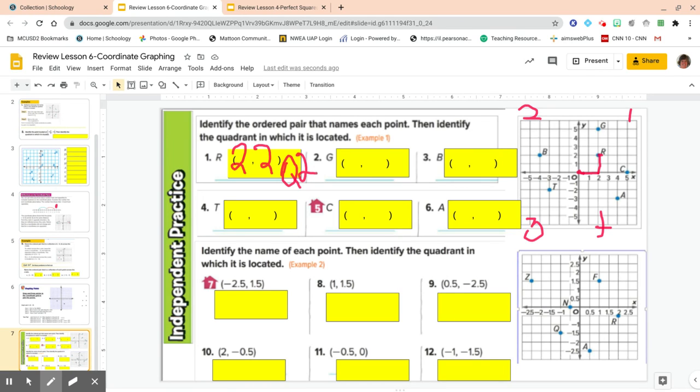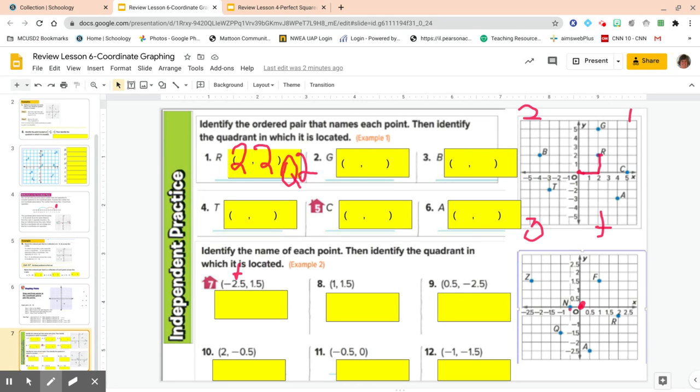Now, if I look at number 7, which is on the bottom section, it says identify the name of each point. So they're going to give me the address, and I am going to find the point. I start at 0, 0, and my first coordinate is negative 2.5.